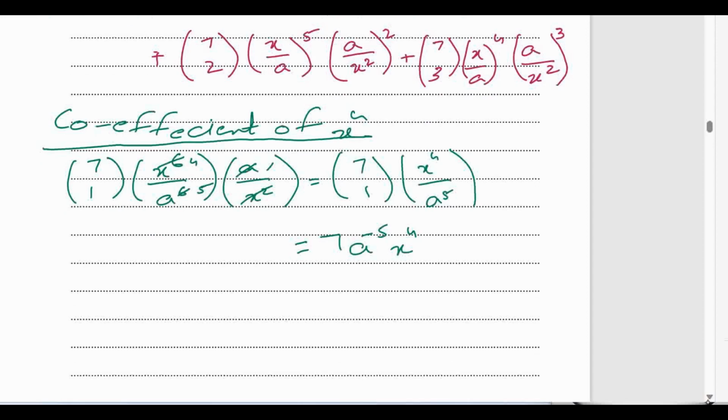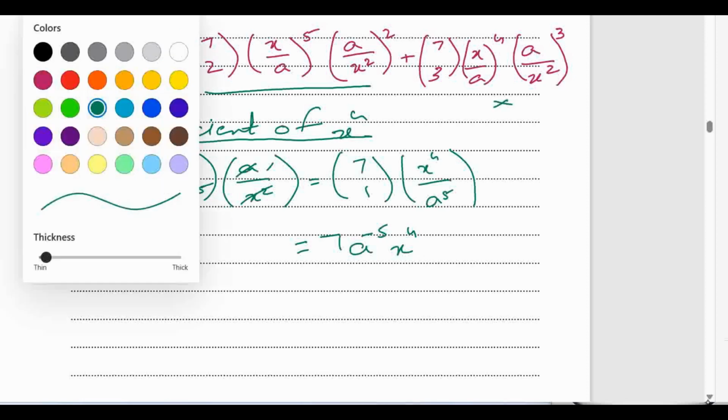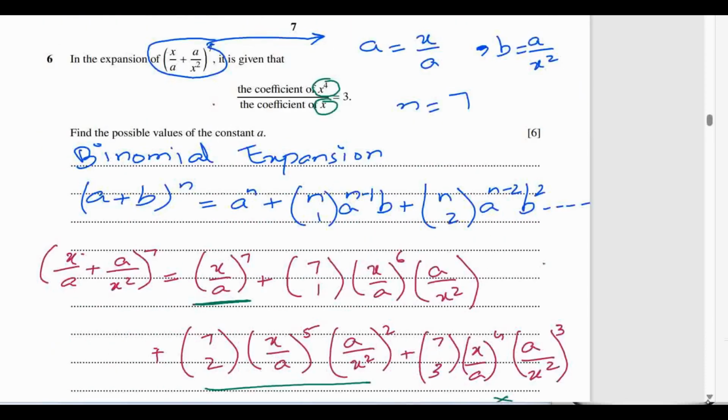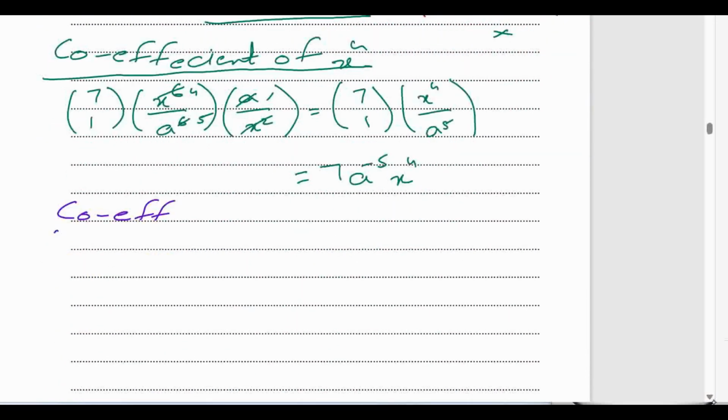Now let's see the other one. Here this will be the coefficient of x, and we can ignore the last part because this will not give the coefficient of x. So we'll consider this one. Let me write it over here: the coefficient of x.